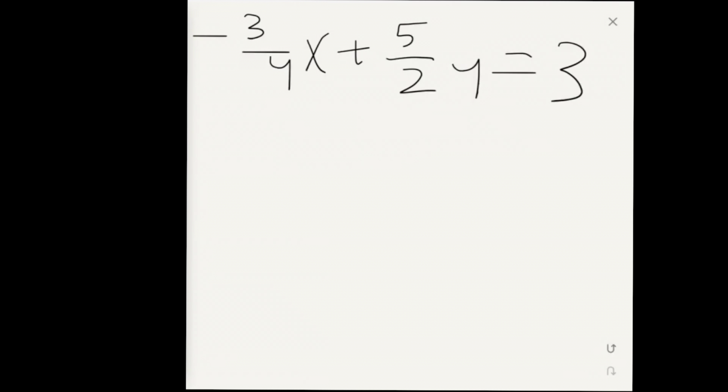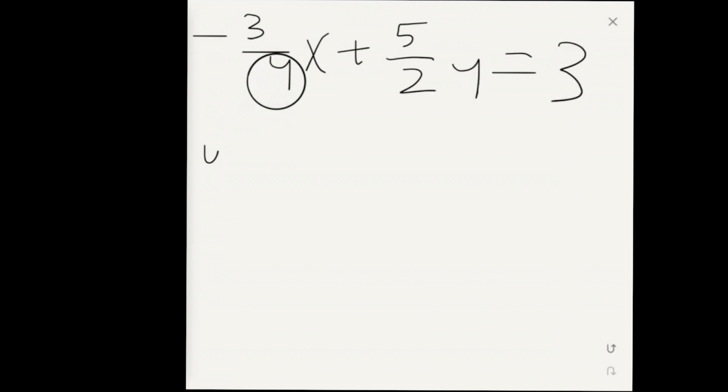So say there's an equation, negative 3/4 x plus 5/2y is equal to 3. Now, is that in standard form? No, because there are not only fractions, but there is also a negative in the equation next to the x integer. First, let's get rid of the fractions. Like I said, take the denominator and multiply both sides by it.